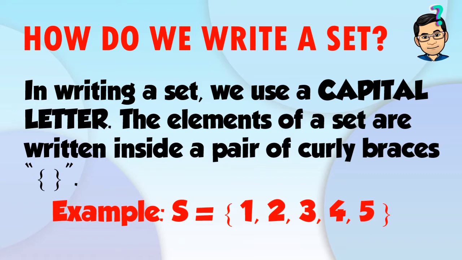Pag po sinulat natin ng set at hindi naka-indicate yung mga curly braces na yan, your answer is considered wrong. So, kahit na tama yung elements, pero hindi naman sila naka-enclose sa curly braces, that is still considered wrong. So, mahalaga po yung mga braces na yan. Most especially kapag set ang pinag-uusapan natin.